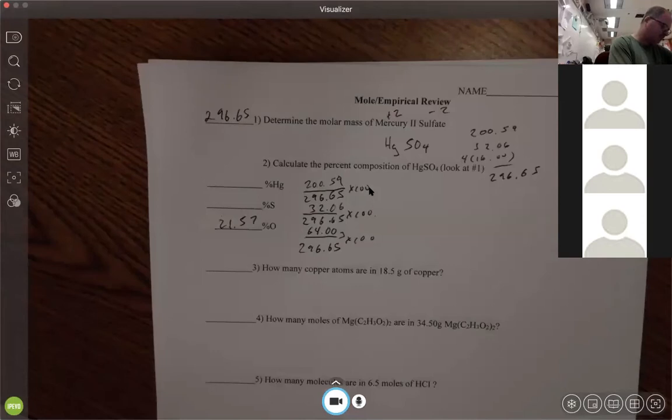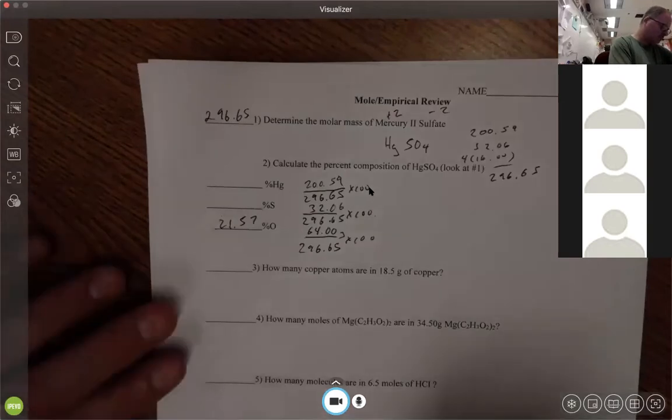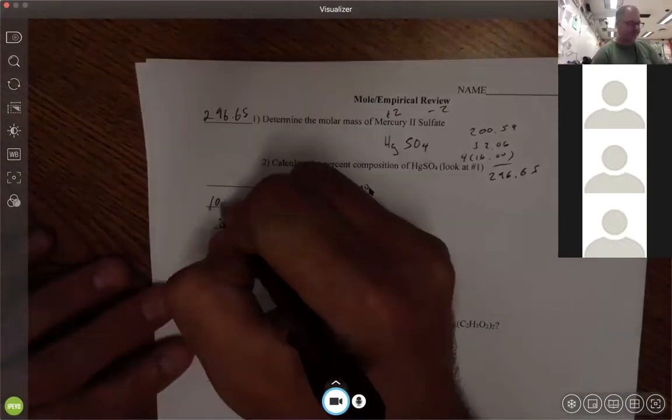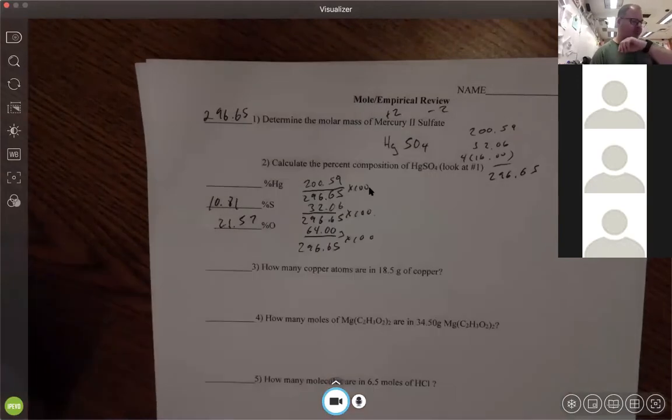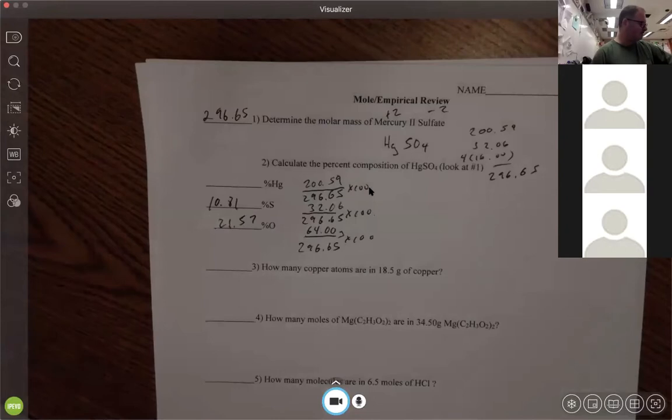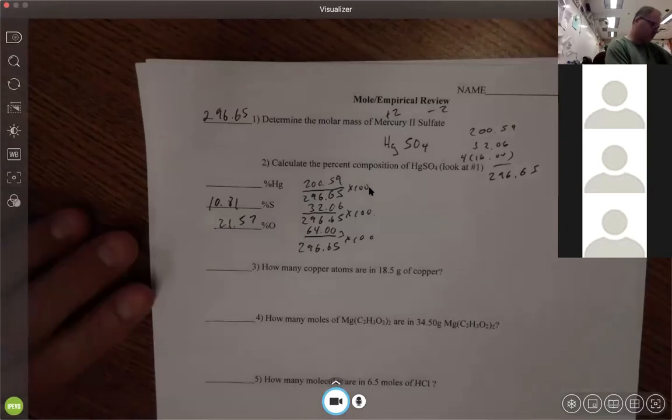The answer is about 10.8073. It's 10.81. 200.59 divided by 296.65 times 100. The answer is about 67.6184.